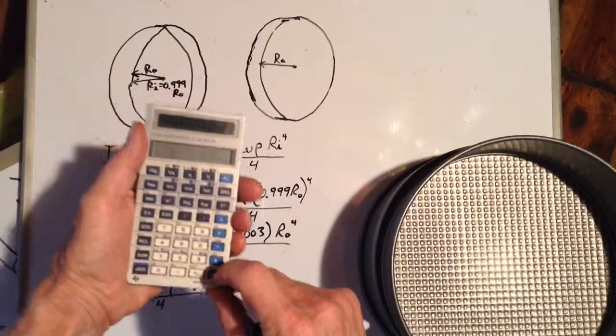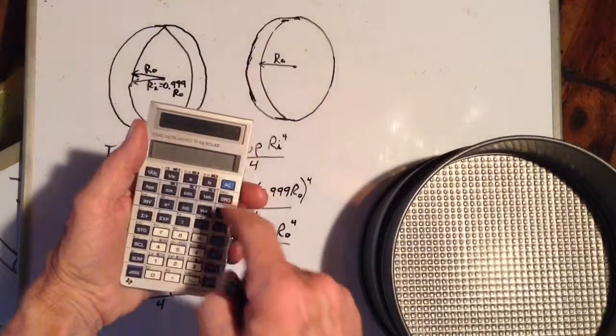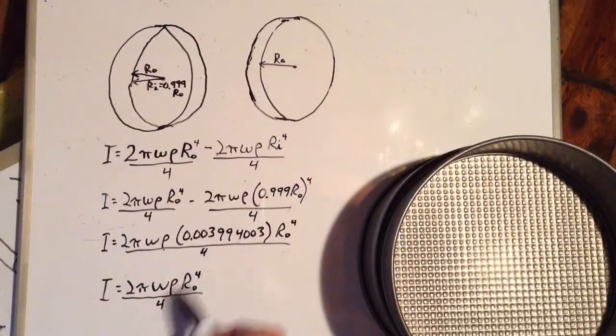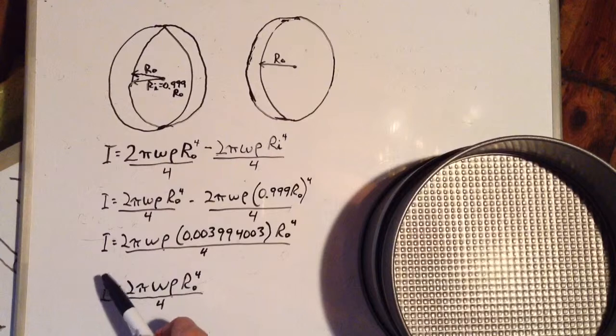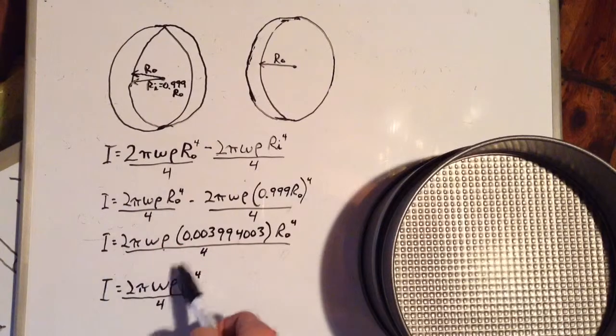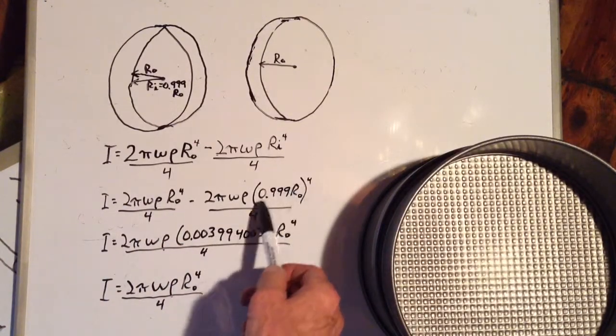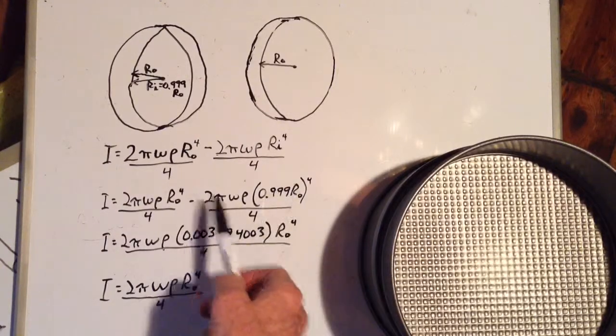So we put a negative sign in front of that, add 1 to it, and we get 0.00399. So our moment of inertia for our ring is this string of stuff times that little number that we're left over with, and we put that to the 4th power and subtract it from 1.